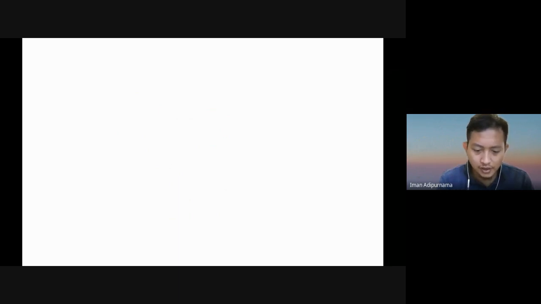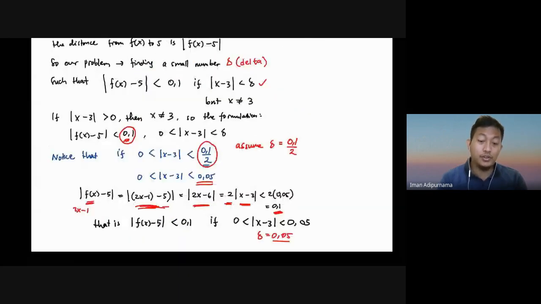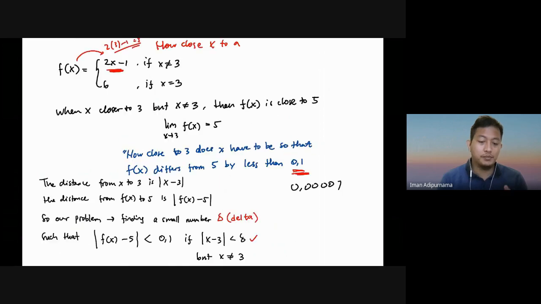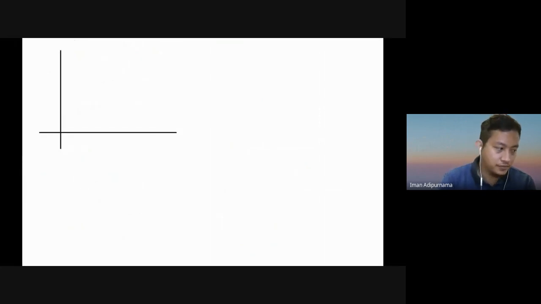Maybe before that, let me illustrate what this case really is in terms of our visuals. So we have 2x minus 1, we have 6, with x not equal to 3 and x equal to 3. So a piecewise defined function. Let's try from there.